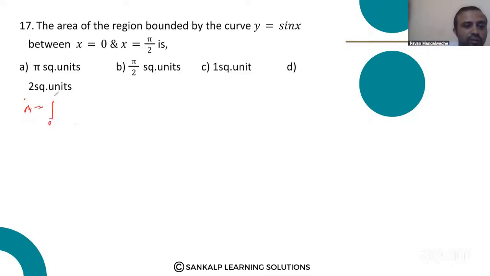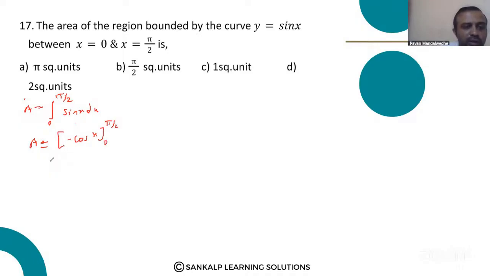Integration, A from 0 to pi by 2 of sin x dx. The integration of sin x is minus cos x. So A is equal to minus cos x from pi by 2 to 0.